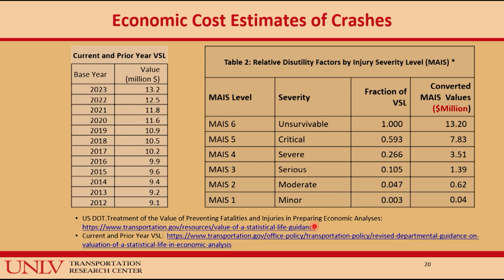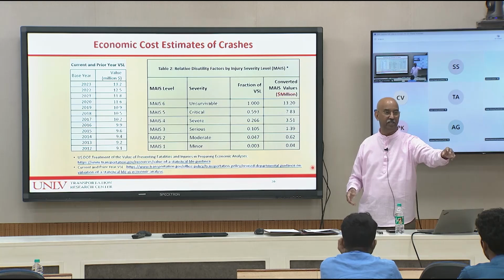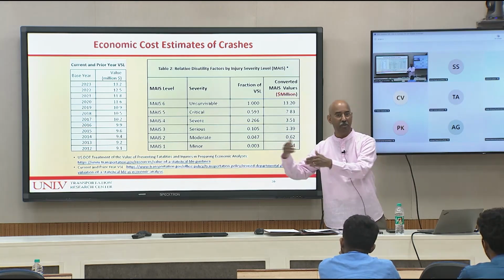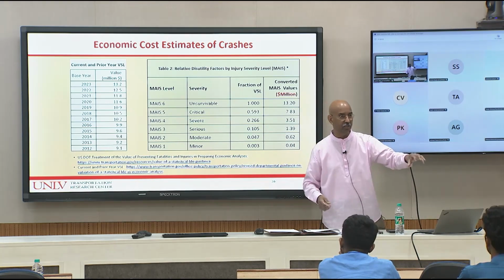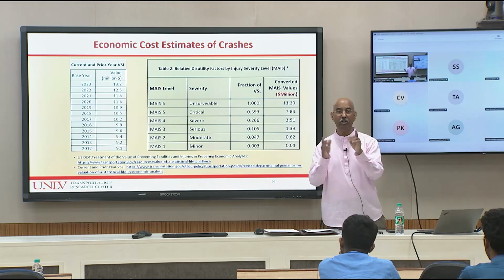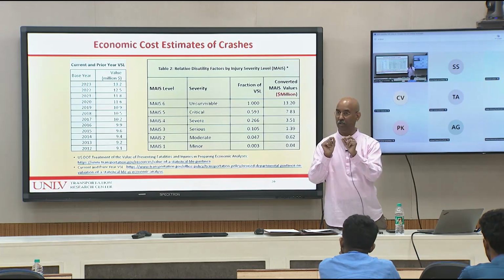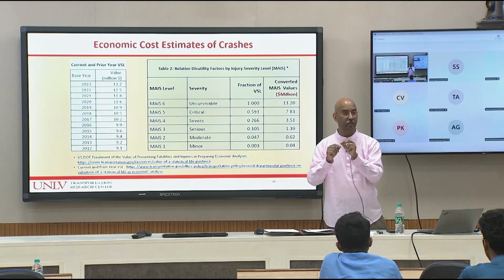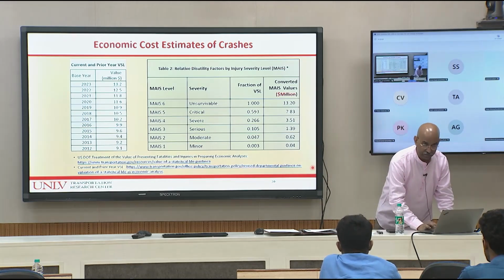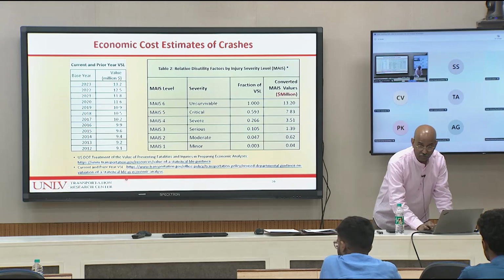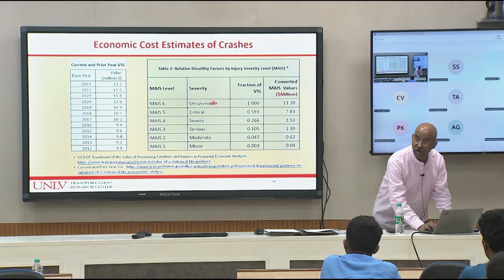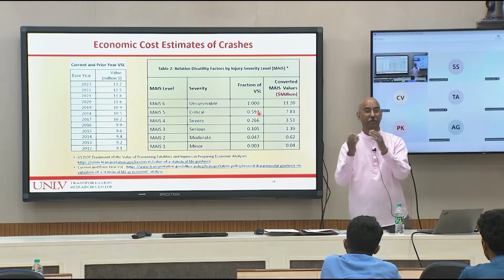Now, if we want to compare, okay, we have so many people killed, so many people with life-changing injuries, so many people with moderate injuries, so many people with minor injuries, and so much property damage. To bring it all to one comparable metric, they've come up with a scale saying that if the value is 1 for a K type, the unsurvivable, a critical injury is 59% of that.